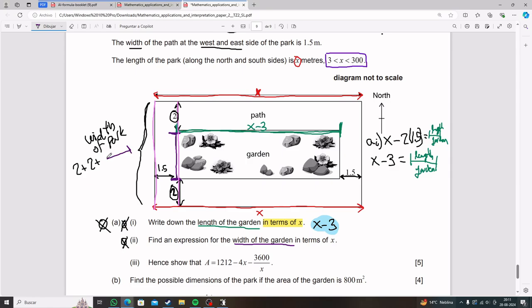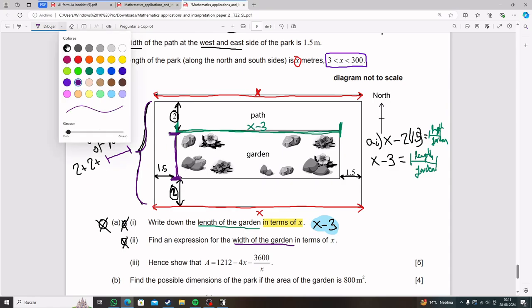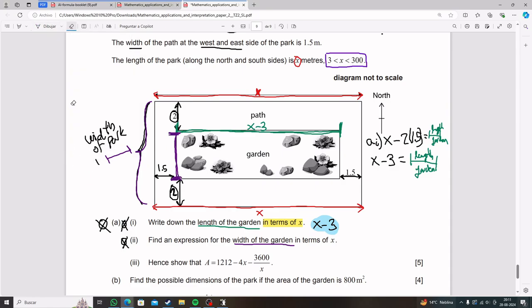Just so that we're all on the same page, let me erase what's in pink because it might be a little bit confusing. The width of the park, so this whole section here, has to be 2 plus 2 plus the line that I'm putting in purple right there. So the width of the park, of course, has to be 4 plus the line in purple.